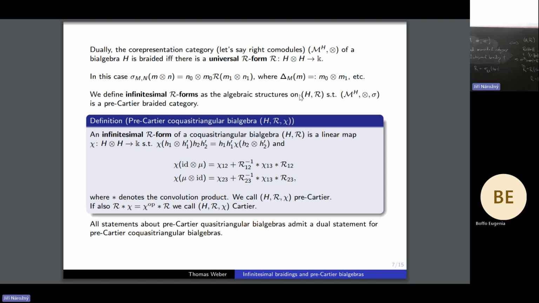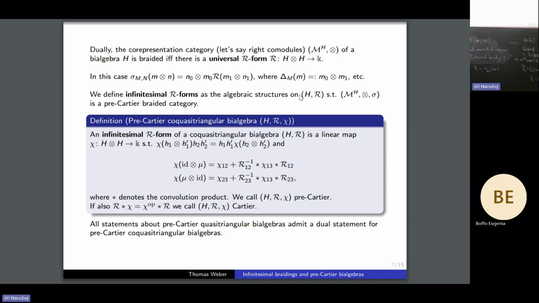And so in this setting, we can say what an infinitesimal R form is. Here's the definition. Given a coquasitriangular bialgebra, here co just means this is for the R form. You take a chi that is now a linear map from H tensor H to K, satisfying those axioms here, which are really just the dual ones we've seen for the modules.